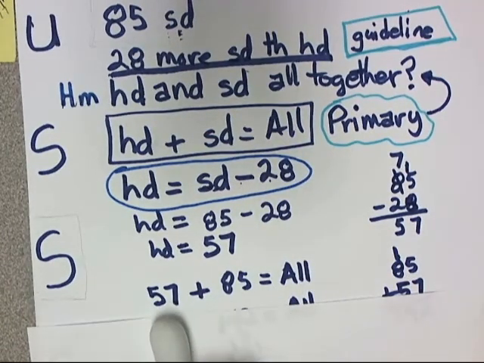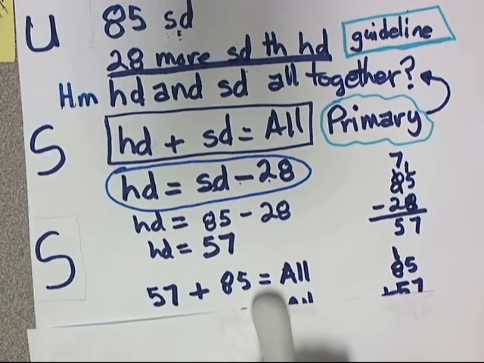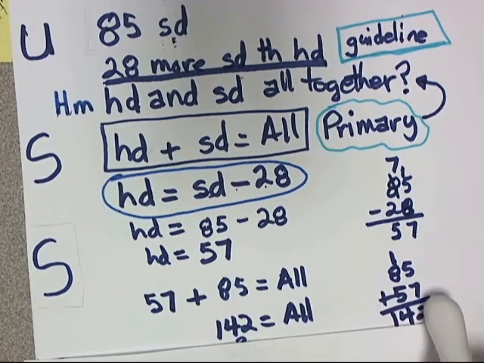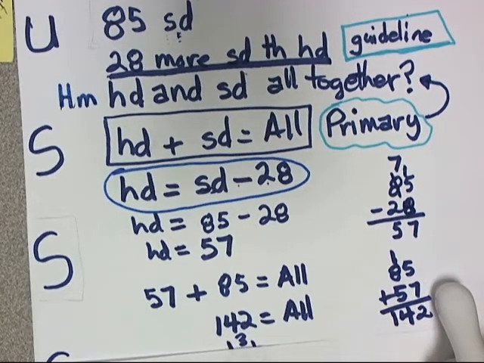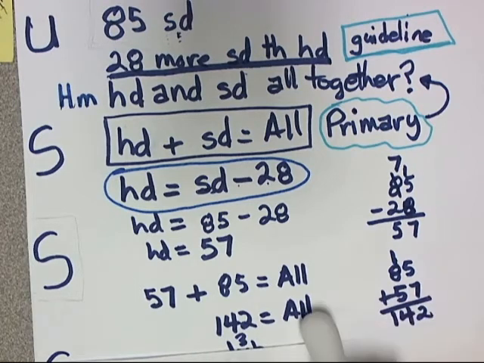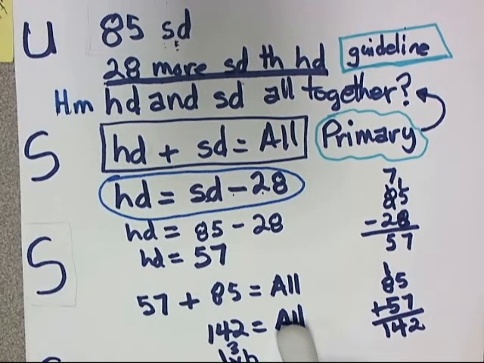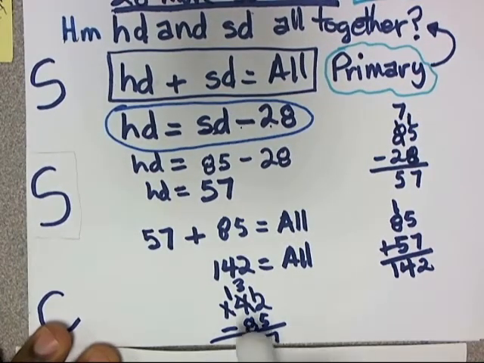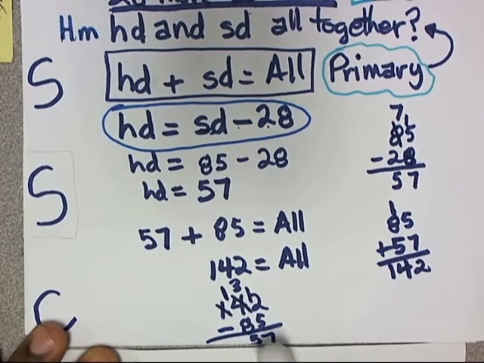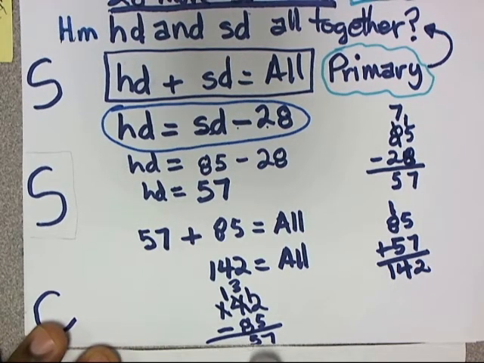So there are 57 hot dogs plus 85 sausage dogs, and I do that math over here on the side, and that gives me 142. Now, to check it, I do the inverse: I take 142 and subtract 85 from it, and it gives me 57.